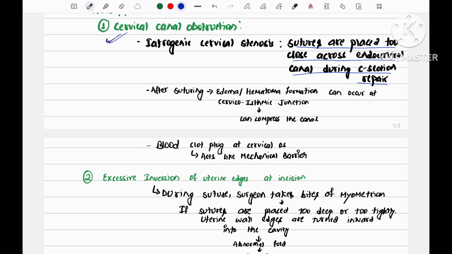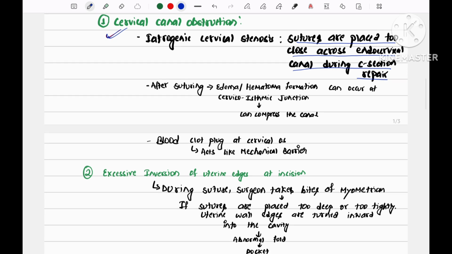And another: after suturing, edema or hematoma formation can occur at the cervico-isthmic junction, which can compress the canal. If the canal is compressed, then the blood cannot come out of the uterine cavity.